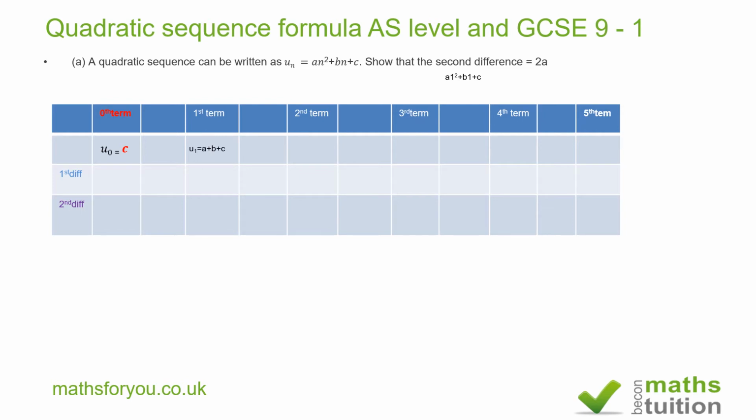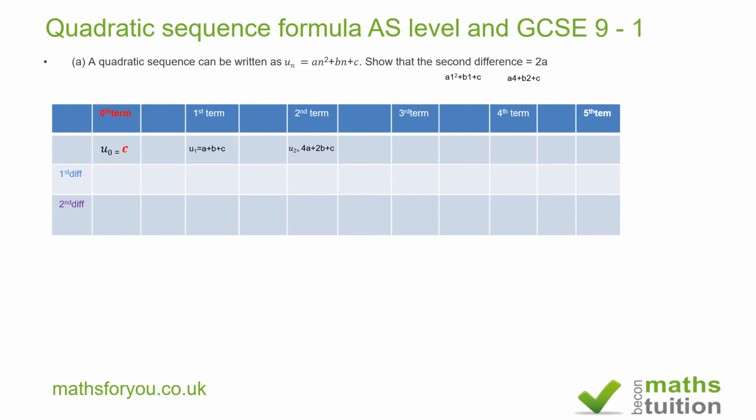Similarly, u sub 2 is when n has the value of 2, so we get a times 2 squared plus b times 2 plus c. So u sub 2 has the value of 4a plus 2b plus c.